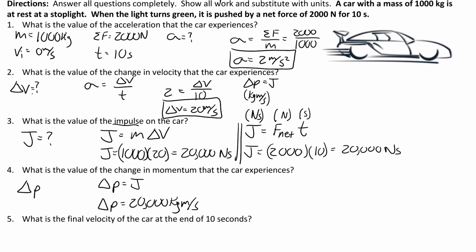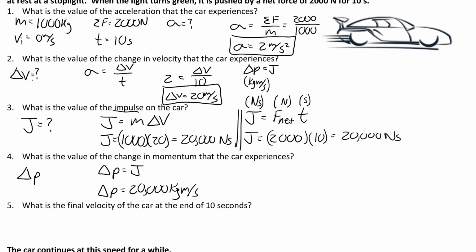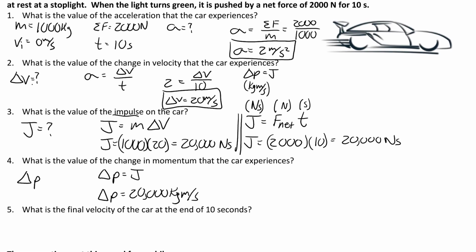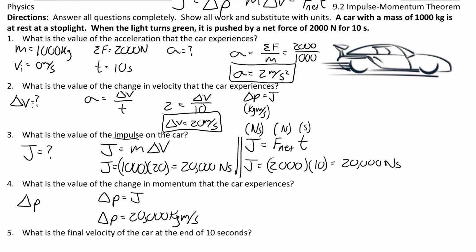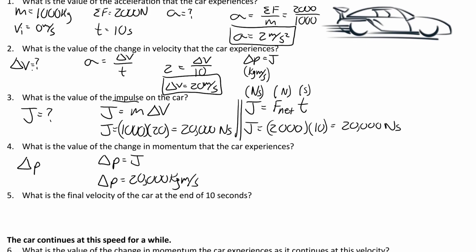Okay, number 5. What is the final velocity of the car at the end of the 10 seconds? Oh, we just discussed that up above with our aside that we made, right? So we had said that the change in the velocity is equal to, we calculated it, 20 meters per second. We know the initial velocity, it starts at rest, so it's 0 meters per second, and they're looking for VF.